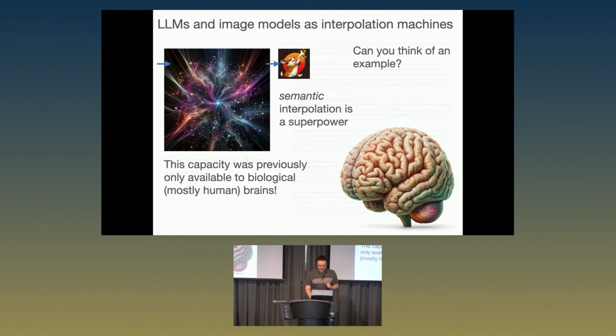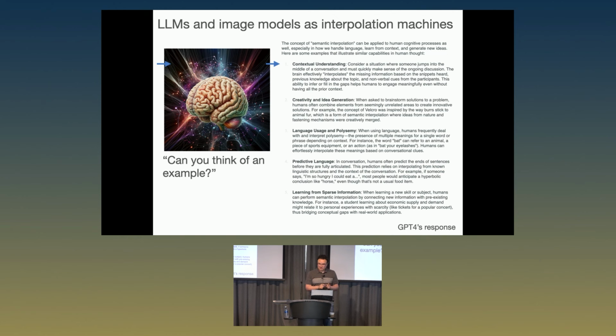I actually asked ChatGPT-4 to come up with some examples of this kind of cognitive semantic interpolation, and it gave me these beautiful examples that are way better than anything I could come up with. Like contextual understanding: the brain effectively interpolates missing information based on pieces of information that it hears.